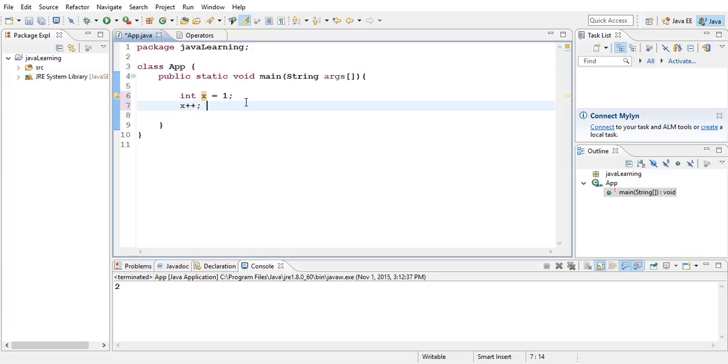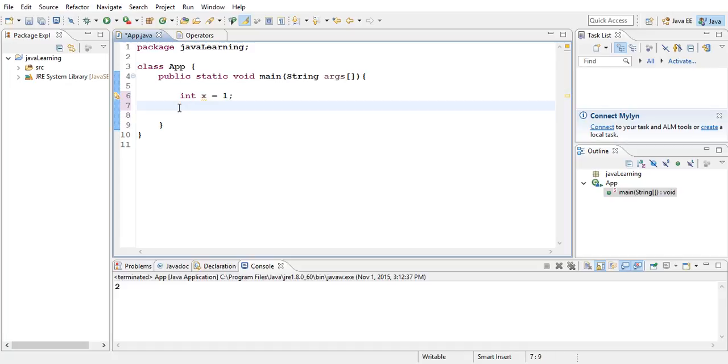This would be the same as doing x plus equals 1, but we have two variants of it. One is x plus plus and the other is plus plus x. Same goes with x minus minus or minus minus x when you want to subtract 1 from the value of x. But there is a lot of difference between x plus plus and plus plus x.